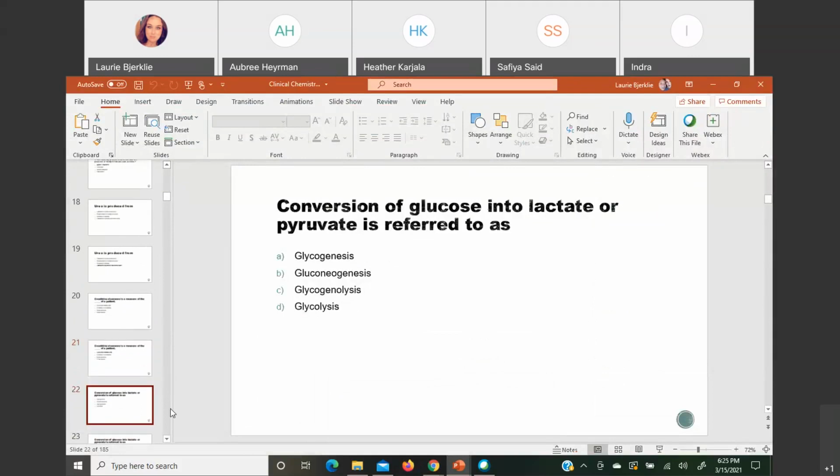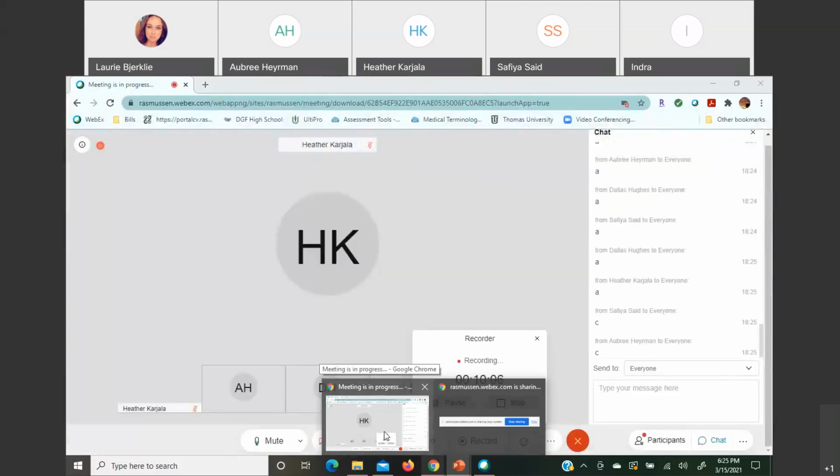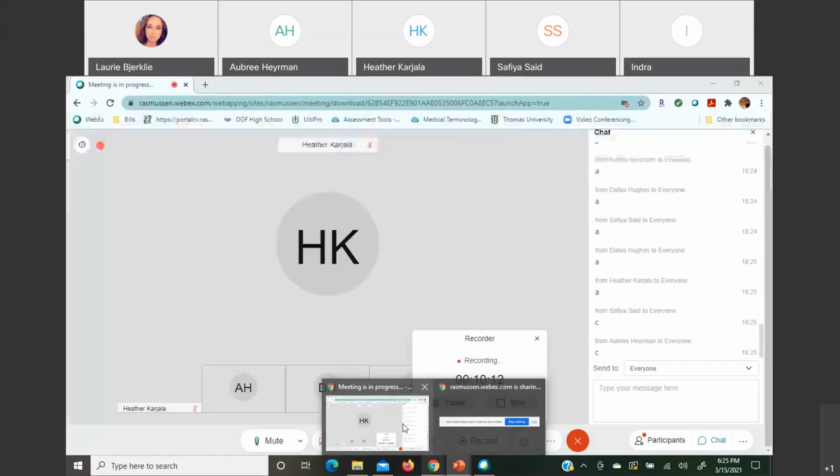Conversion of glucose into lactate or pyruvate is referred to as what? Converting glucose into lactate or pyruvate is called what? I don't think everybody's answered yet.